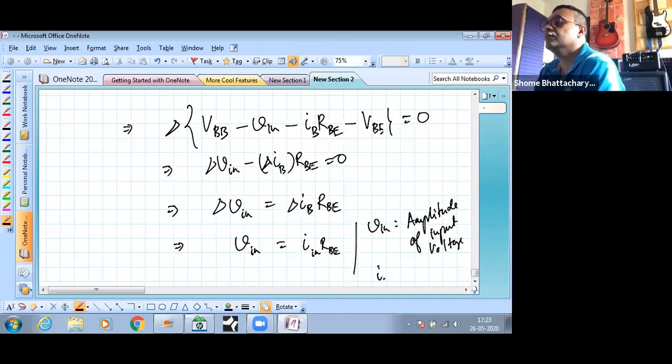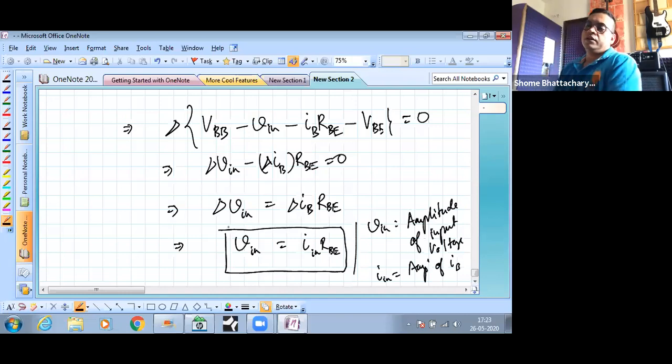And of course, I input, as we have seen earlier, is the amplitude of the base current. So we have this relationship between input voltage and input current.